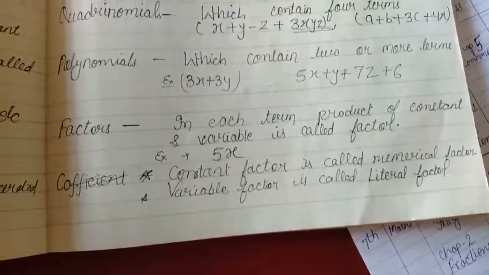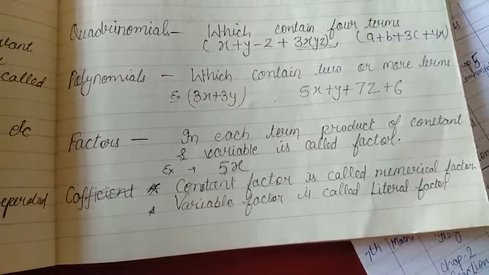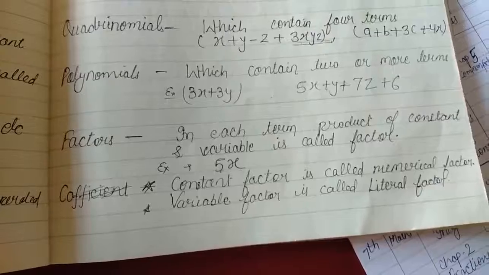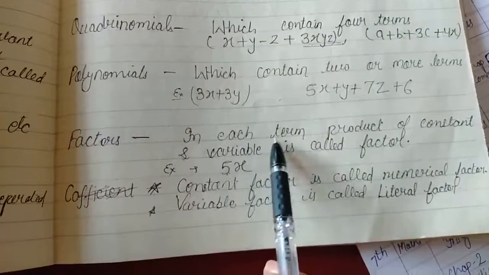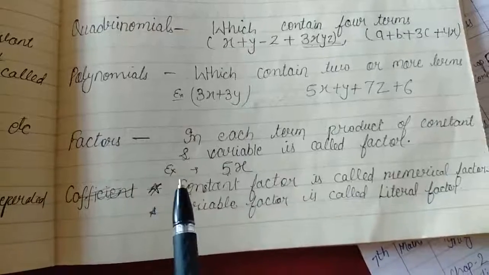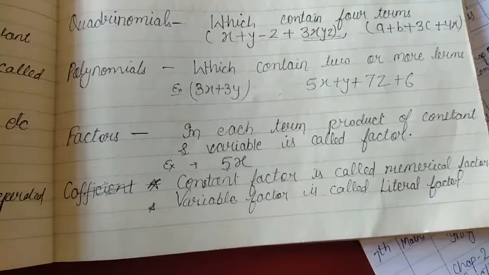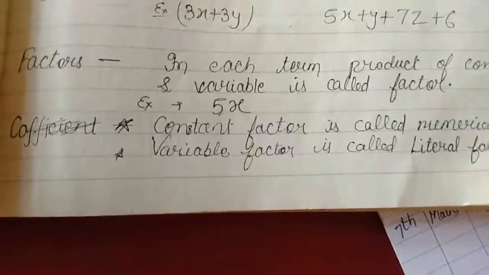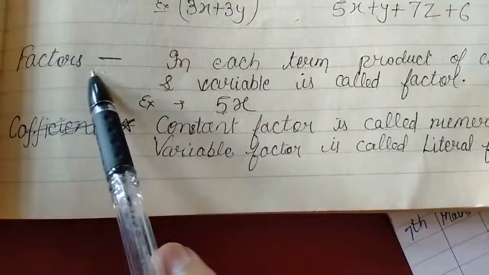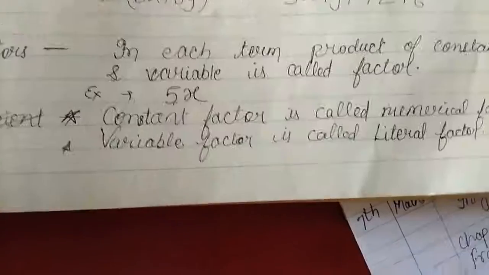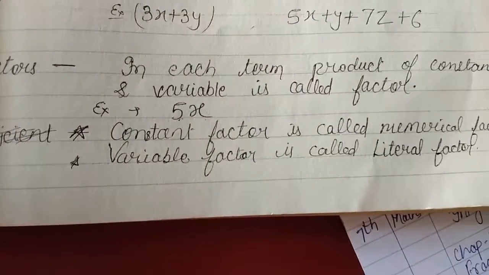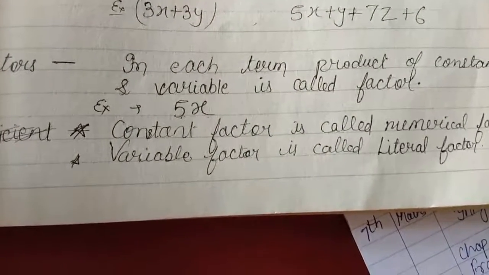Now what are factors? What is a factor? In each term, like this is a term and this is also a term, the product of constant and variable is called factors. That means we can say factors are separated by multiplication.